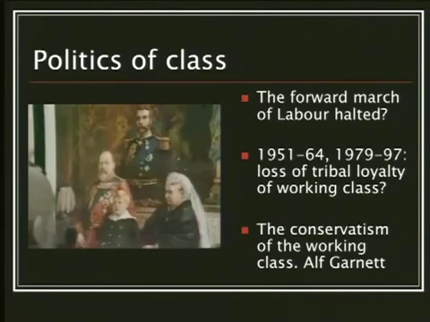Was it the embrace of nationalism and racism? And we've already begun to see the way in which the Conservative Party picks up the issue of immigration in the 1960s. Or was it, as I talked about after the Second World War, the desire for new types of consumer goods and the idea that the Conservative Party embraced the aspirations of the working class to enter the world of goods?